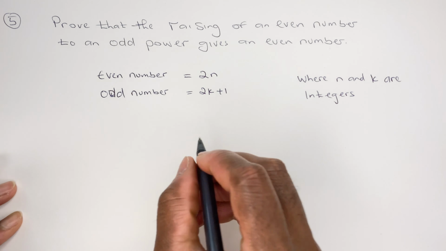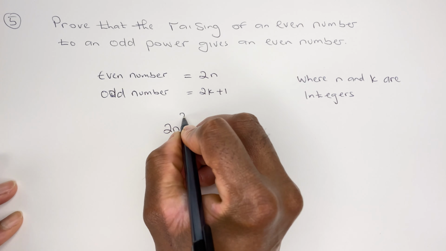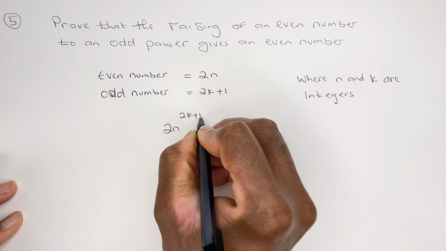So then I need to write down 2n being raised to 2k plus 1.